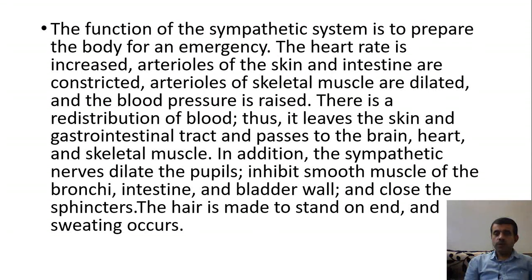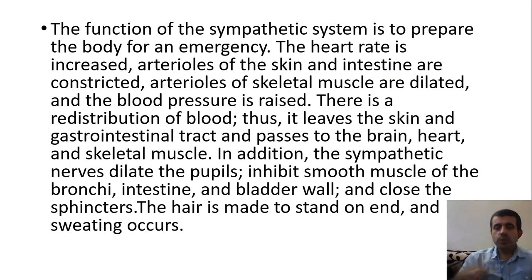So in a fight situation or an emergency situation, the sympathetic system inhibits the muscles in the bronchi, so that you can inspire and expire faster for the oxygenation of the blood, because the circulation is faster.